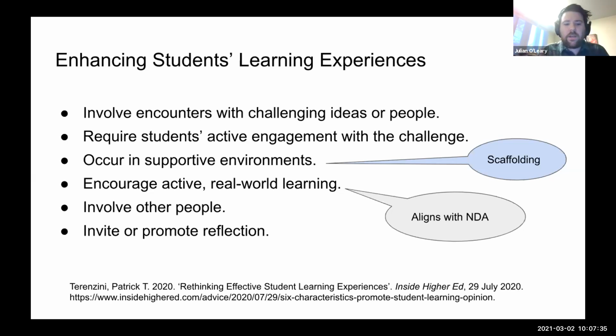Encouraging active real-world learning is really what I take away from this, where people have the opportunity to do something that puts them in a place where they can see the work being used in a real way, as opposed to just, oh, I did this assignment, I understand it from this theoretical practice position. Here's something real that I have to show for what I did.